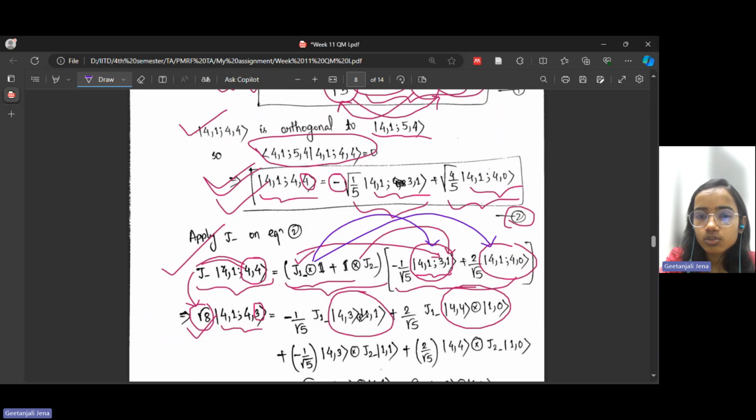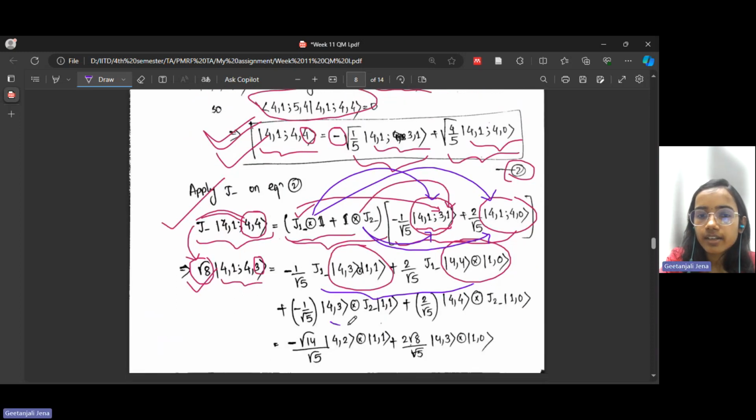These two actions I have written in this first line. And for the second line, it is J2 minus acting on this one and J2 minus acting on this one. So this is when J2 minus acts on the two states.